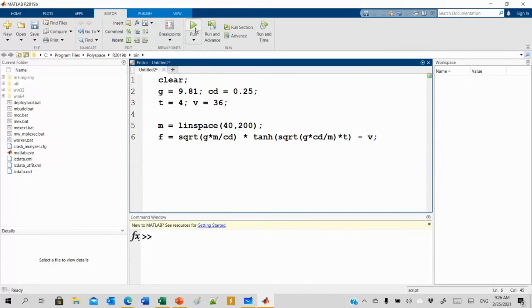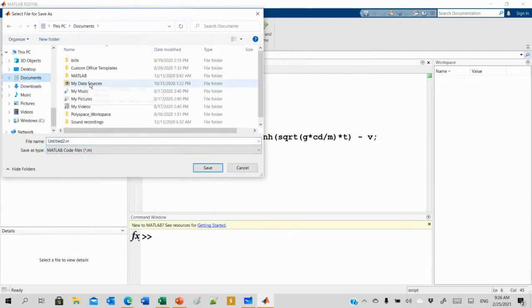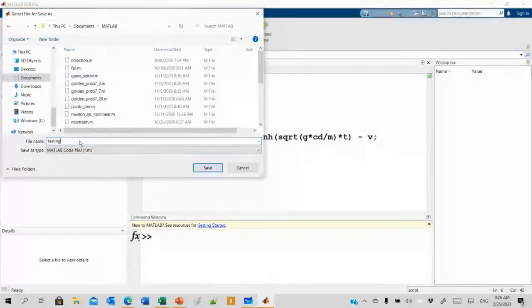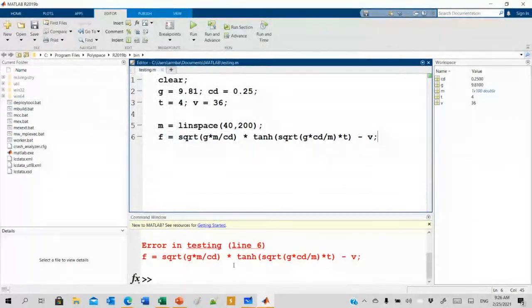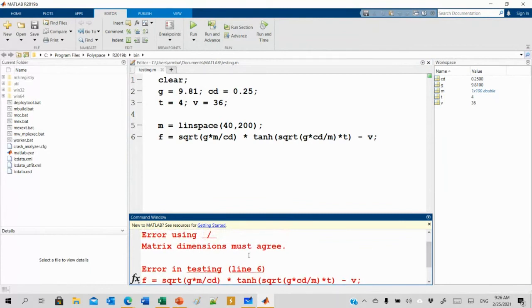Now, if I run this, I'll save it in some place. Better always to save it in the documents MATLAB folder. I'll say testing program 1. I get an error, and it says matrix dimensions must agree, cannot use the division.